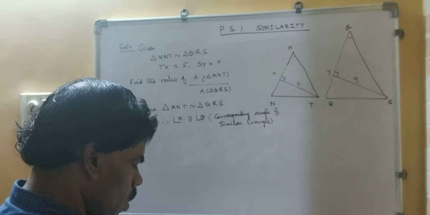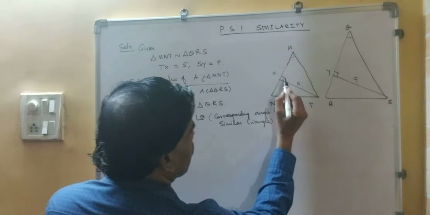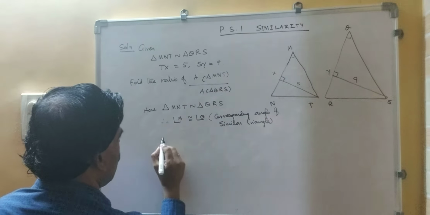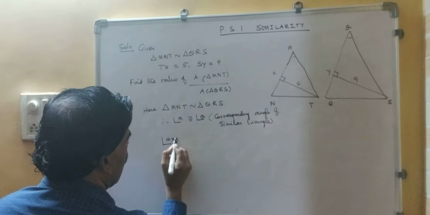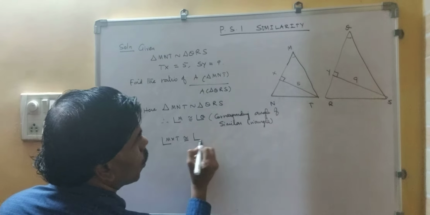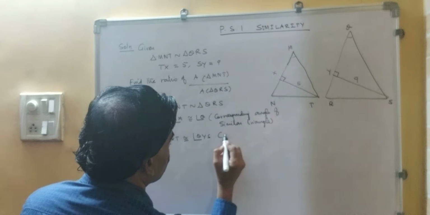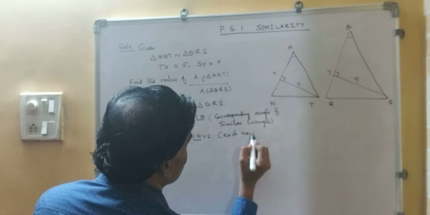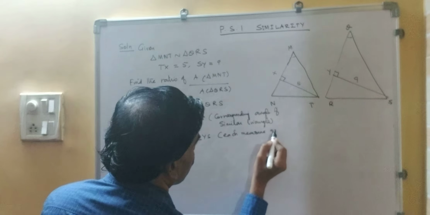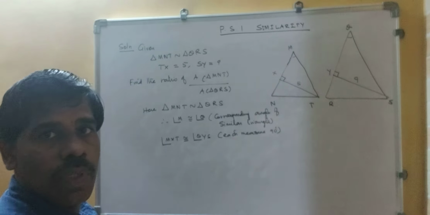Now, one more thing we will see. What about this angle MXT? Angle MXT is congruent to angle QYS. Why? Because each measures 90 degrees. Followed?